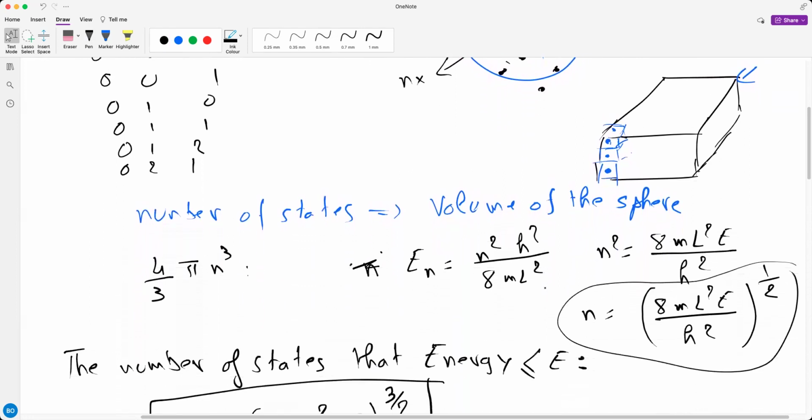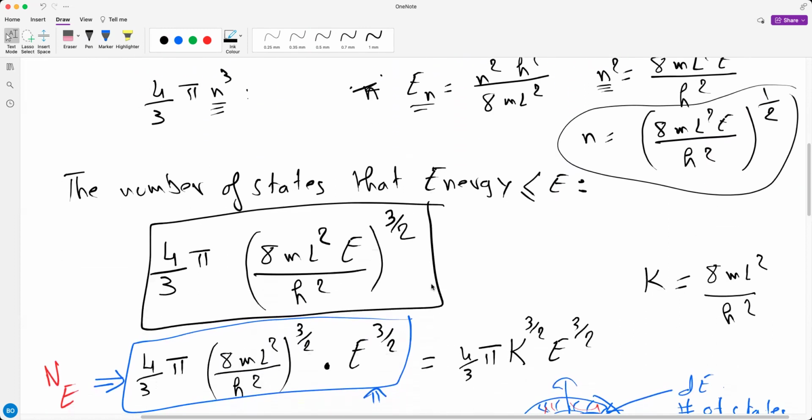So the number of states is the volume of the sphere. We calculated the volume of the sphere, which is this one, but we know also that n, we can get it from the energy. Schrödinger's equation gave us this relationship. Then the number of states where the energy is less than E is this.